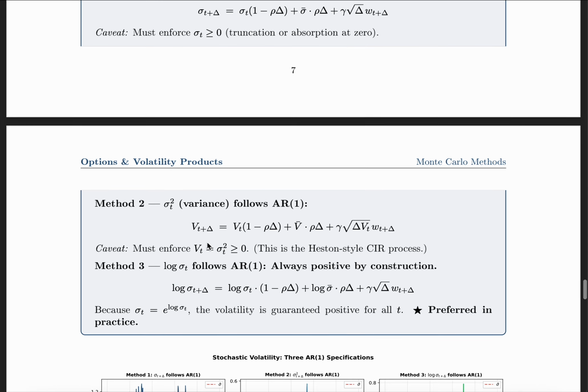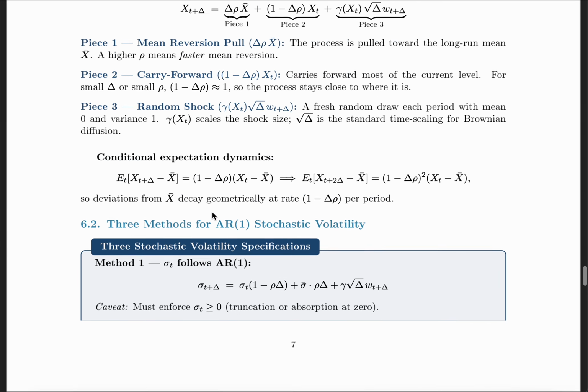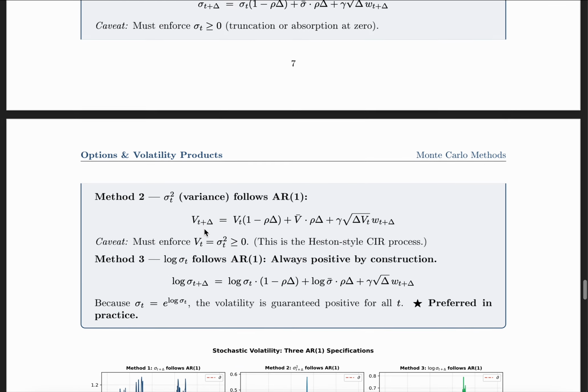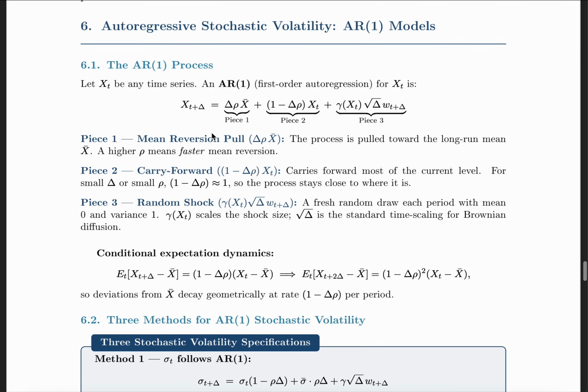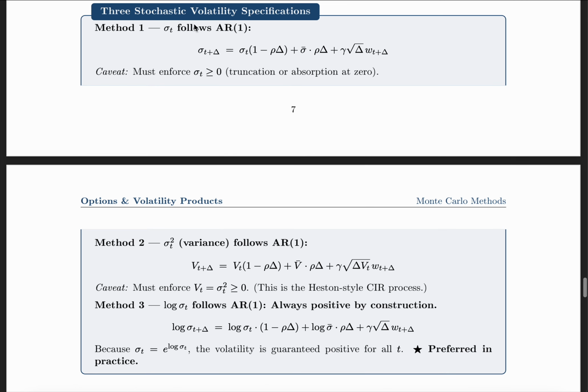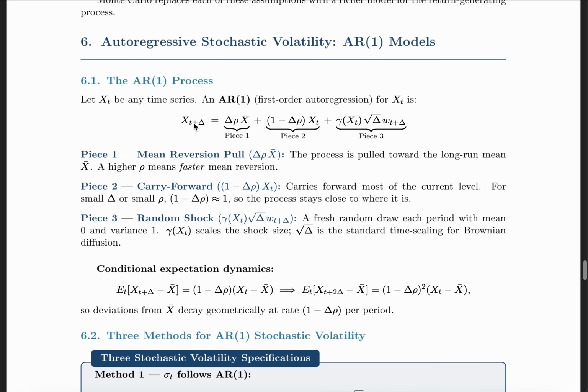The second way is that we can let the variance, sigma squared, be this x term. And then the third way is we can let the log sigma be this x variable. So all we're doing in each of these 3 methods is simply replacing this x term with either sigma, sigma squared, or log of sigma.